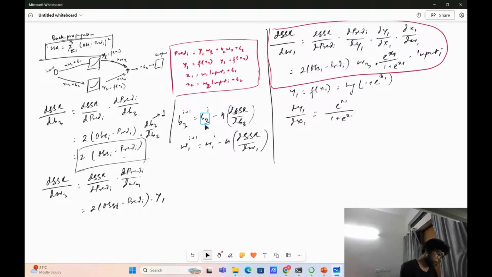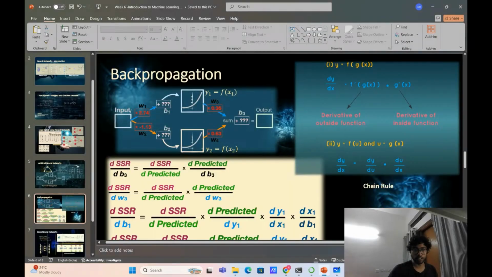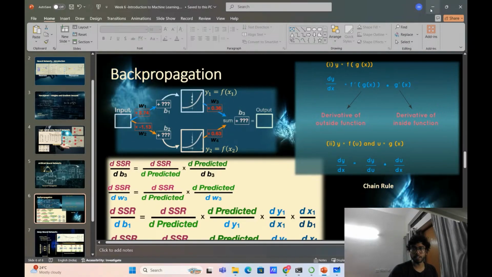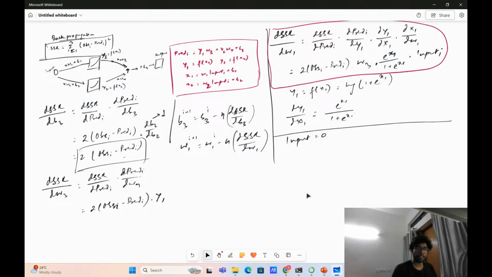So let me just do one example. If I take, let's say, input as 0, the first value, and we pass it through our initial model, whatever weights we chose, 2.74 and so on, we get the predicted value as 0.68.